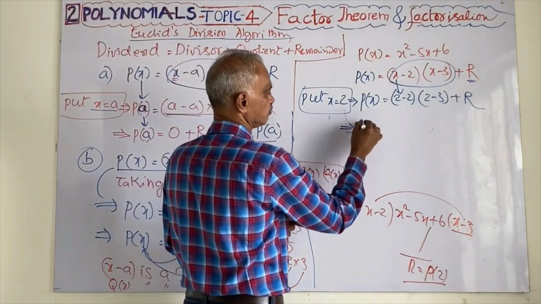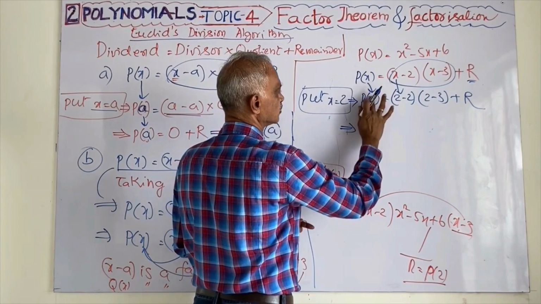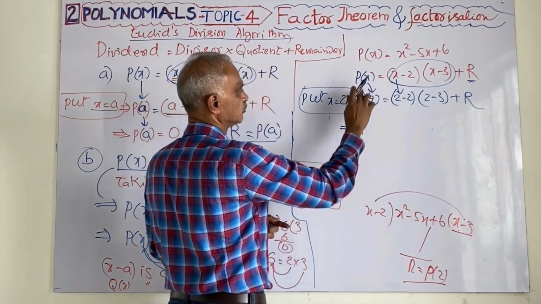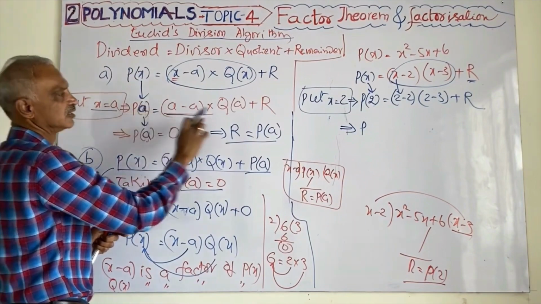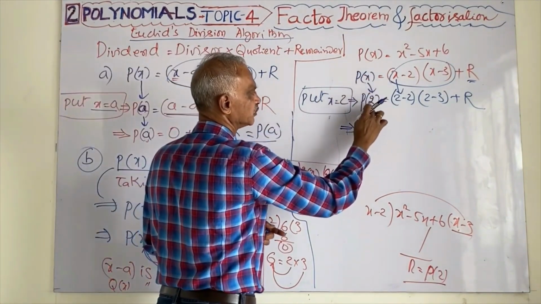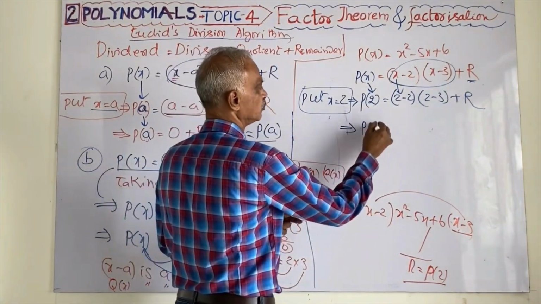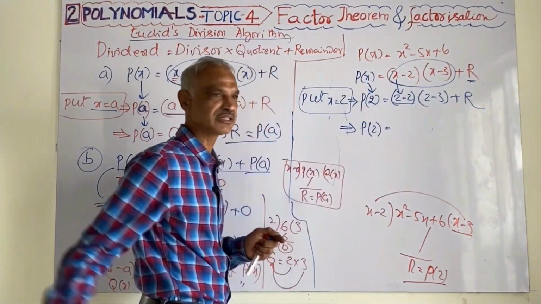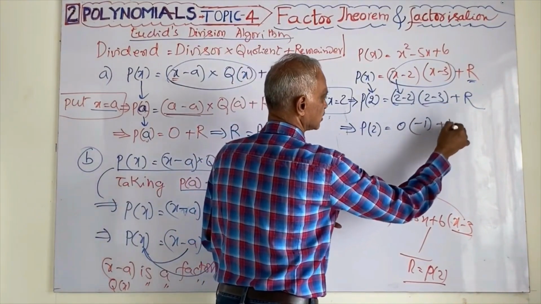You see, you substitute 2 in place of x here, P of 2. I have substituted x is equal to a in P of a. Similarly, you have to put x is equal to 2 in this equation. P of 2 is equal to 2 minus 2, 0. 0 into 2 minus 3, minus 1, plus r.